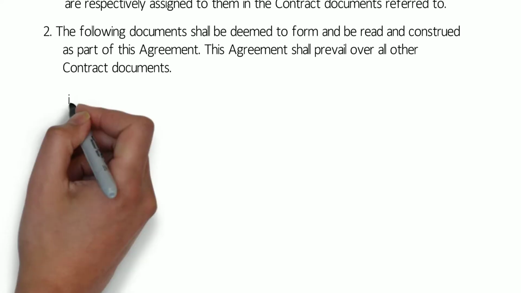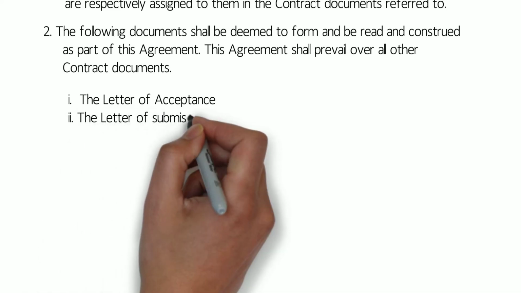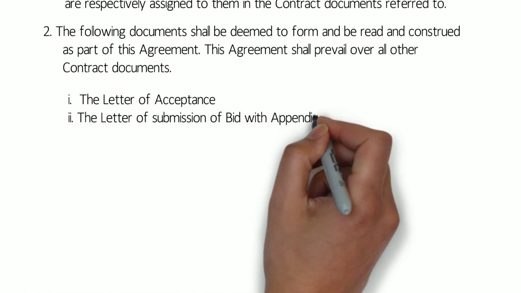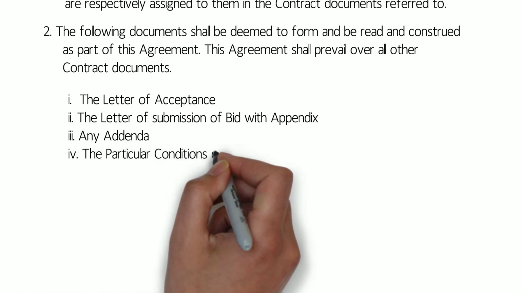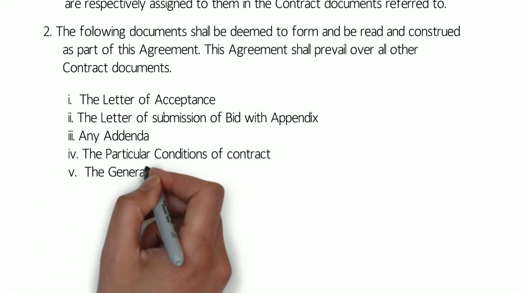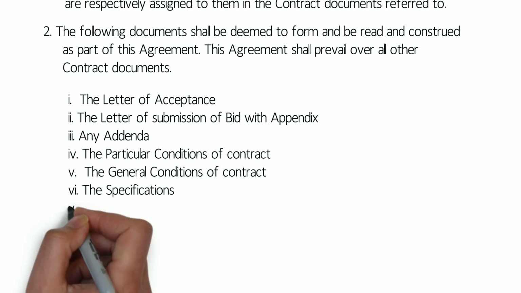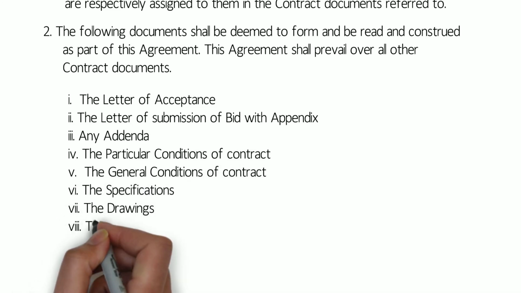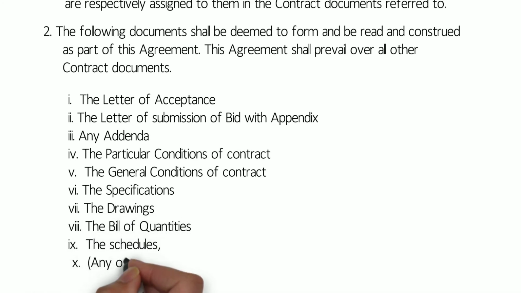The list of the documents that are included as part of the contract include the letter of acceptance, the letter of submission of bid with the appendices, any addenda, the particular conditions of contract, the general conditions of contract, the specifications, the drawings of the project, the bill of quantities of the project, the schedules, and any other document as the case may be.